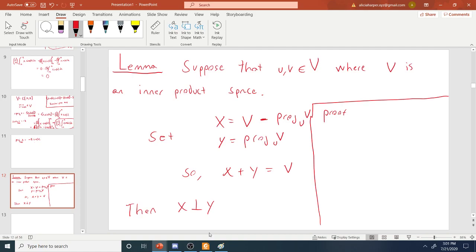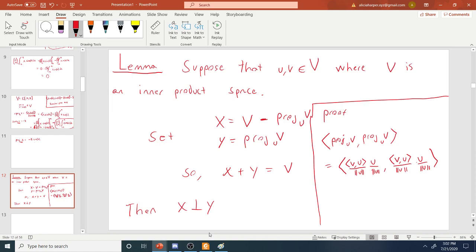What we're going to do is note that the inner product of proj of v onto u with proj of v onto u is the same thing as the inner product of v with u divided by the norm of u, times u divided by the norm of u, with the inner product of v with u divided by the norm of u, times u divided by the norm of u. All of this follows directly from definition.